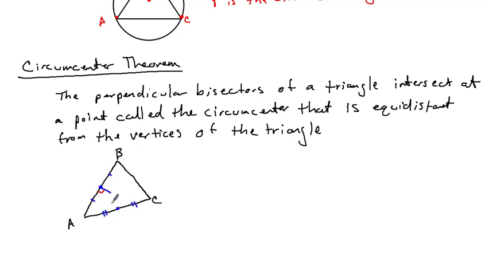And I'm going to mark that side, and I'm going to go perpendicular from there. Again, I'm not sure how far, so I'm going to kind of stop for a second just so you can get an idea on your picture. And then I'm going to come over here, find the center. So bisector. And I'm going to go perpendicular from there. And so the idea is that these perpendicular bisectors all meet at this same point, and it's point P, the circumcenter, and we would say P is the circumcenter.